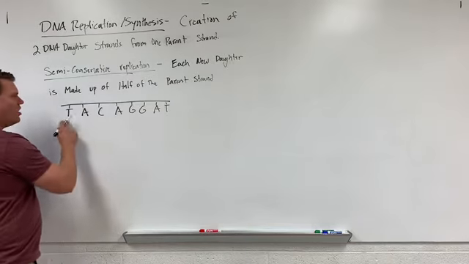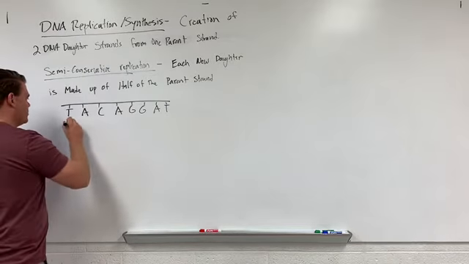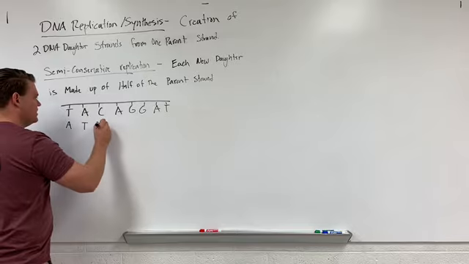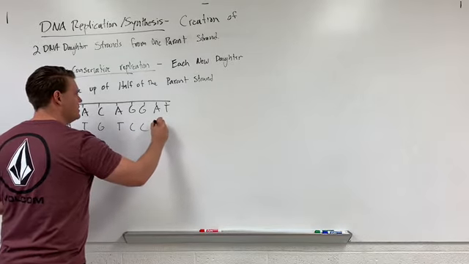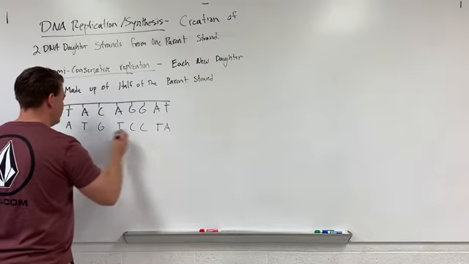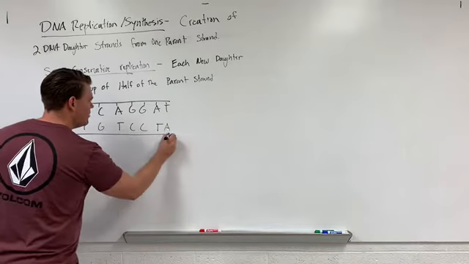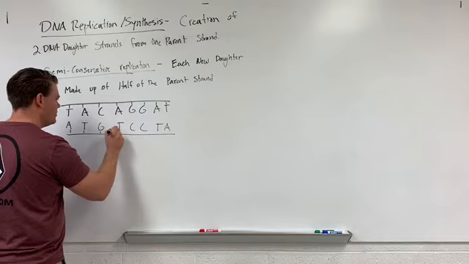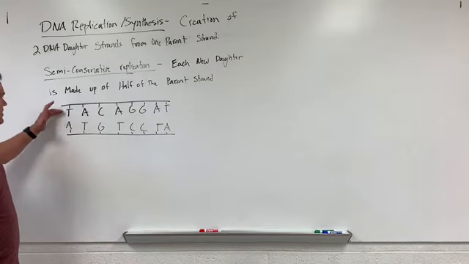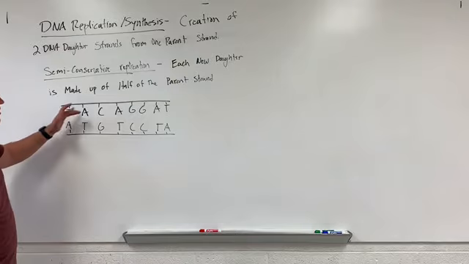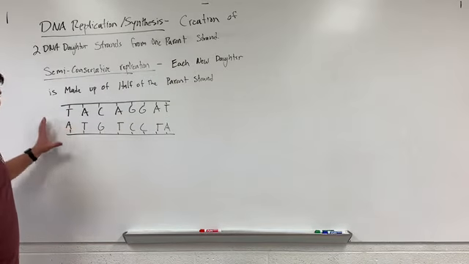So we know the complementary strand is going to be A, T, G, T, C, C, T, A, right? Going back to our base pair theory here, that T's and A's always go together and C's and G's, so it's really easy.